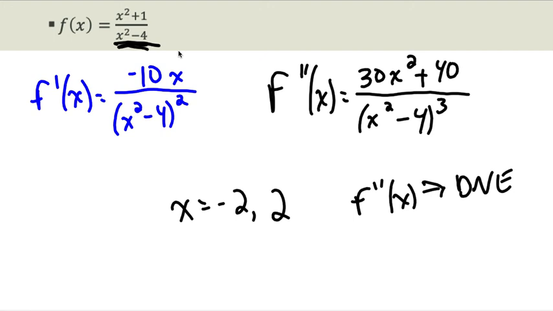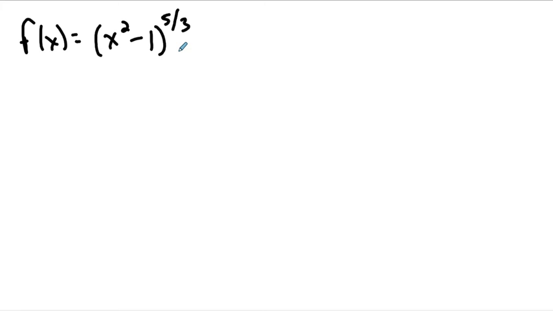Okay, so this graph, even though it does change concavity around the vertical asymptotes, does not have any points of inflection, because there are no points on the graph where the concavity changes. The concavity changes around the vertical asymptotes, so there are no points of inflection, because again, the point has to be on the graph. The difference here is if we have something like this.